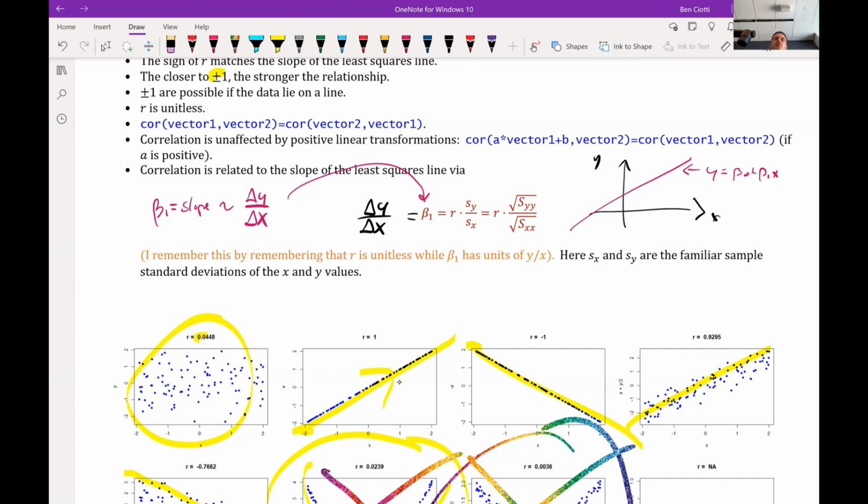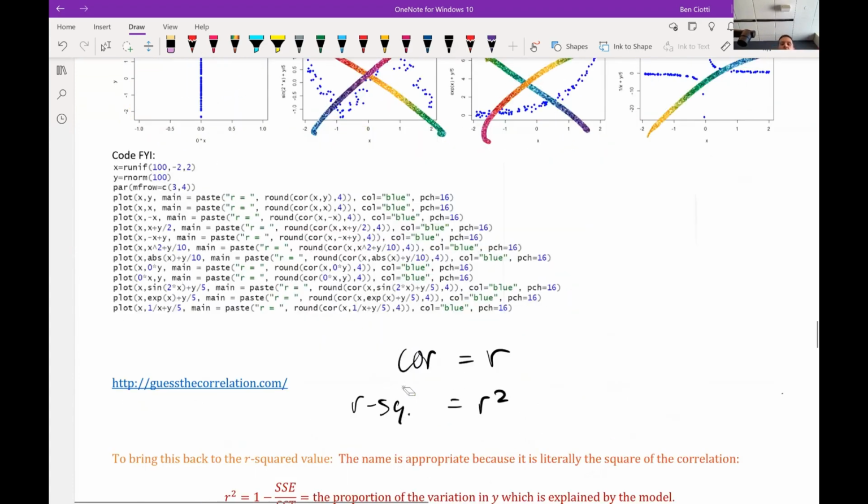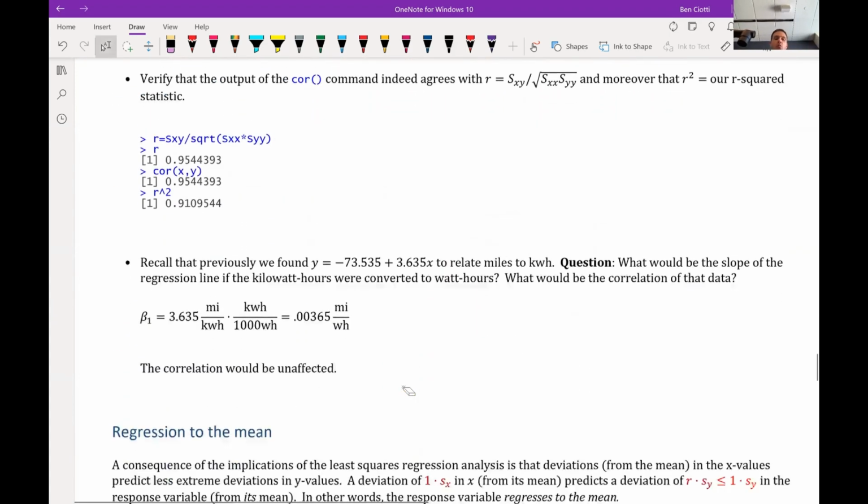Well, it's possible to prove that correlation is always less than or equal to 1.